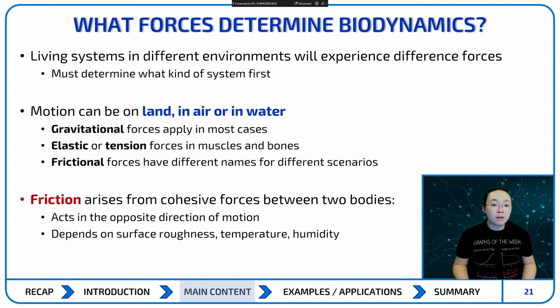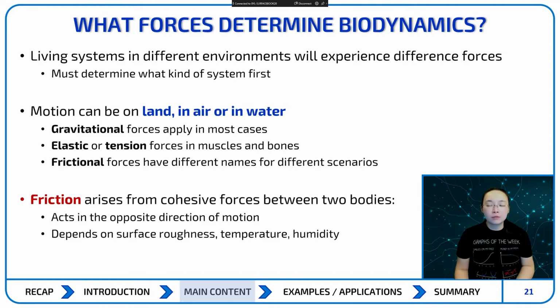If you have an object that's moving on land, then most likely there's going to be gravitational forces and friction forces because your body is most likely going to touch the ground. You can also have elastic or tension forces in your muscle and bones that you can consider. But most importantly, it's the frictional forces.